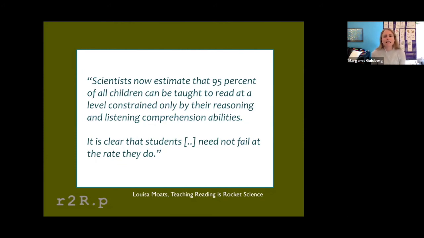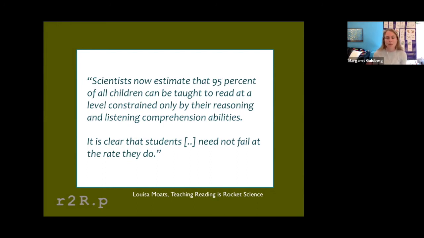But as the years went by and I was learning more about the language comprehension side of things, here's what I realized. The decoding side of things is actually the easy side to teach. It's the easy side to get right. The fact that we have students with word reading difficulties in the upper grades is basically inexcusable because it is a fixable problem with high quality instruction and sufficient repetition for students.